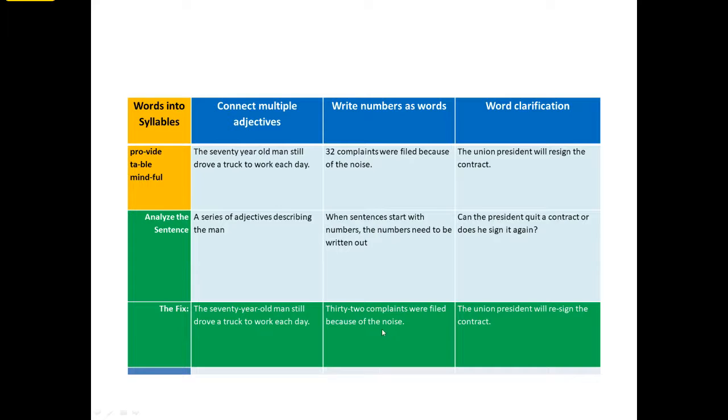We can also use the hyphen for word clarification. The example is, the union president will resign the contract. Analyze. Can the president of the union quit a contract, or does he sign it again? The fix. The union president will re-sign the contract.